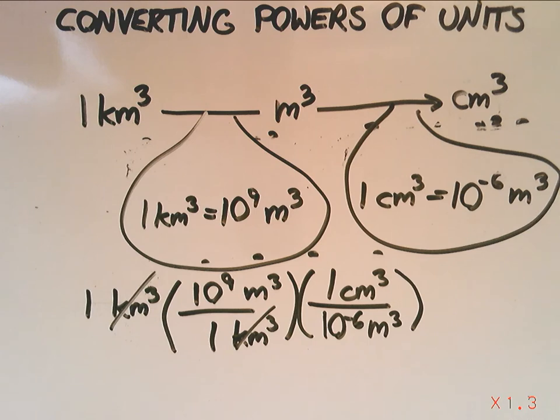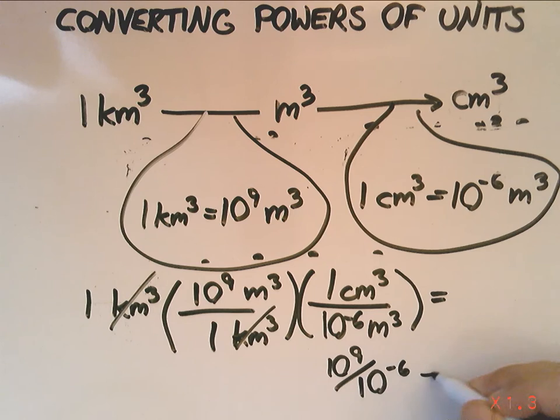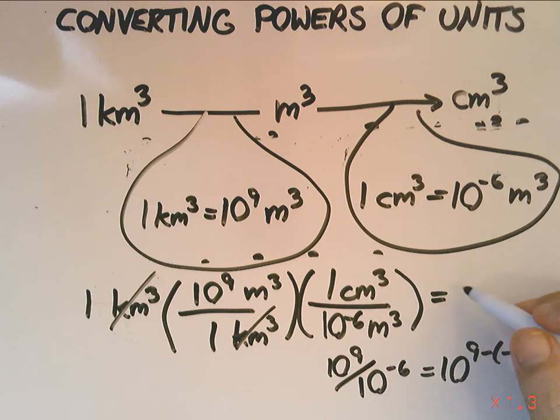So there it is. Can you do it in your head? It's going to be 10 to the 9 divided by 10 to the minus 6, which will be 10 to the 9 minus a minus 6, which should be, what, 10 to the 15?